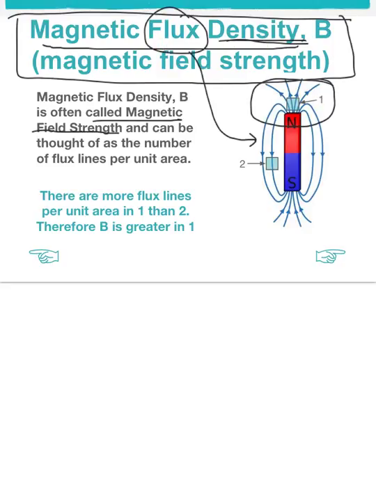And as you can see in this diagram, there are more flux lines per unit area in 1 here than in 2 here. So therefore, the strength of the field B at 1 is bigger than at 2. Okay, you got that?